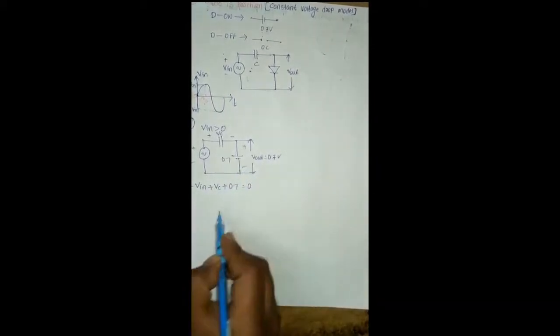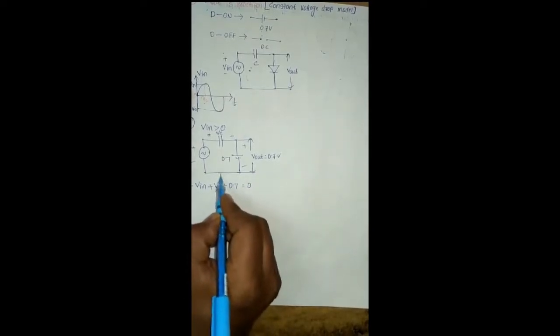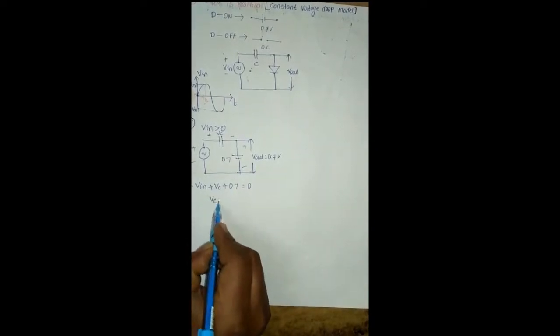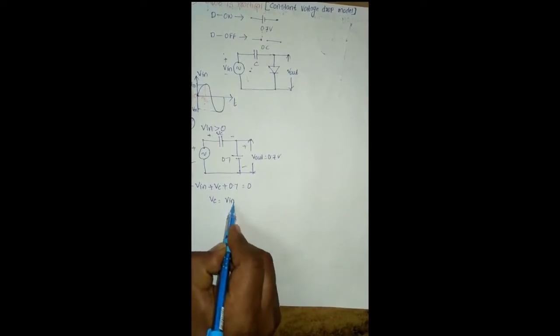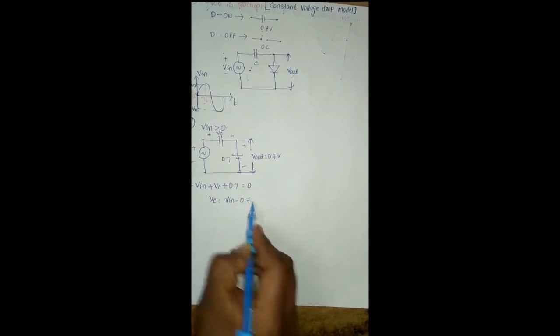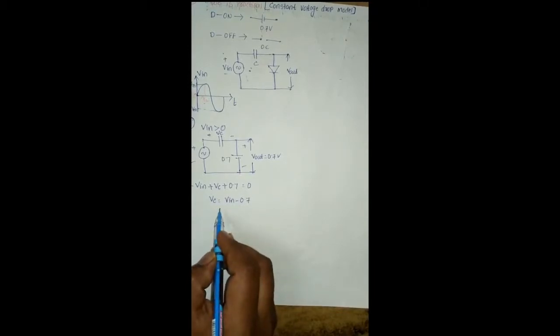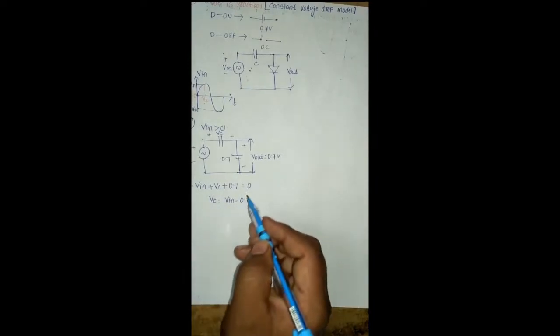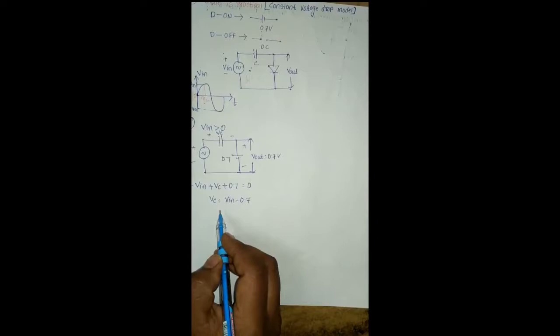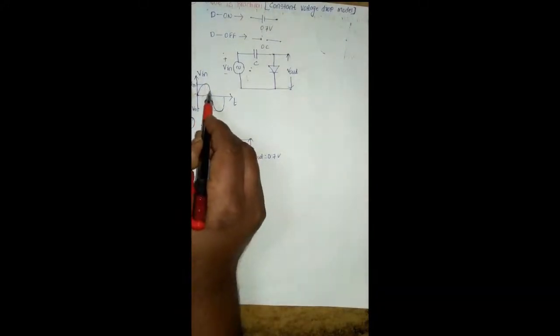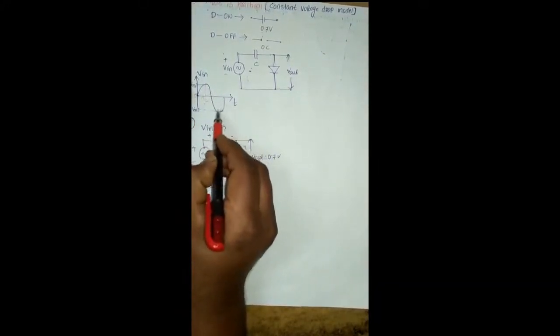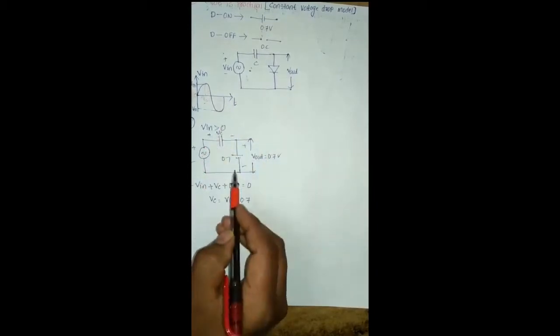Okay, and now we require the voltage across the capacitor. Therefore, Vc equal to V in minus 0.7 volts. Okay, and with respect to this condition, we need to estimate the input and output waveforms of this negative clamper circuit. Okay, and after reaching this instant, in this overall duration, the diode is operated in the reverse bias condition.